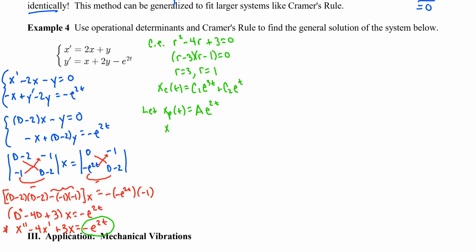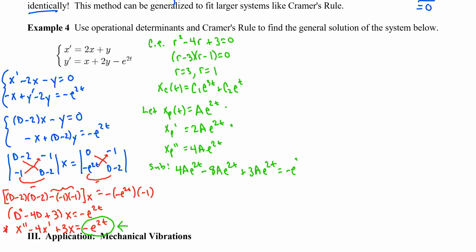We'll find a couple of derivatives, and then we'll plug it into this equation right here. x double prime is 4A e^(2t), minus 4 times x prime, 4 times x prime is going to give me 8A e^(2t), plus 3 times x, 3A e^(2t), equals -e^(2t).